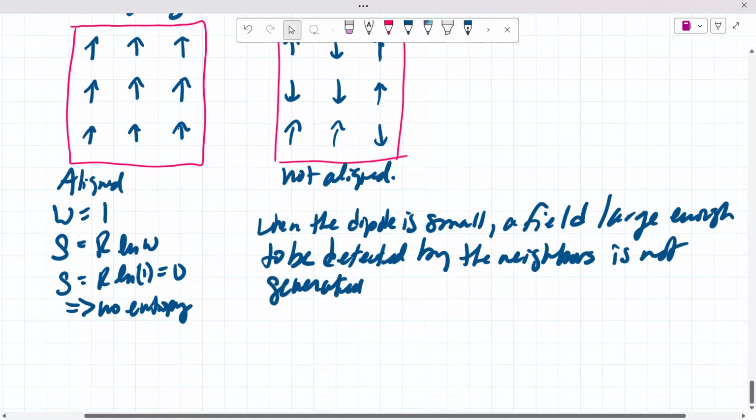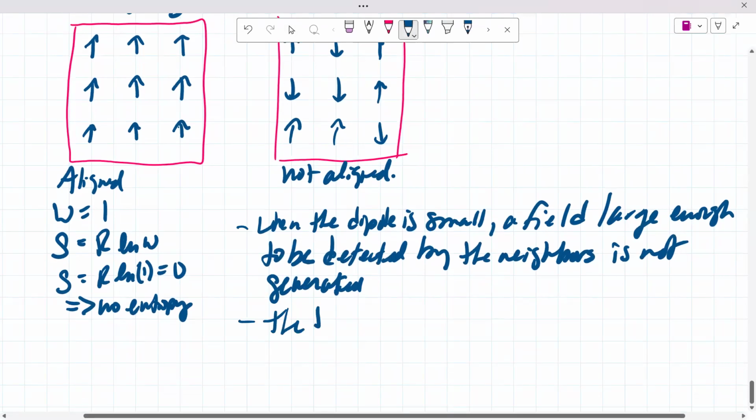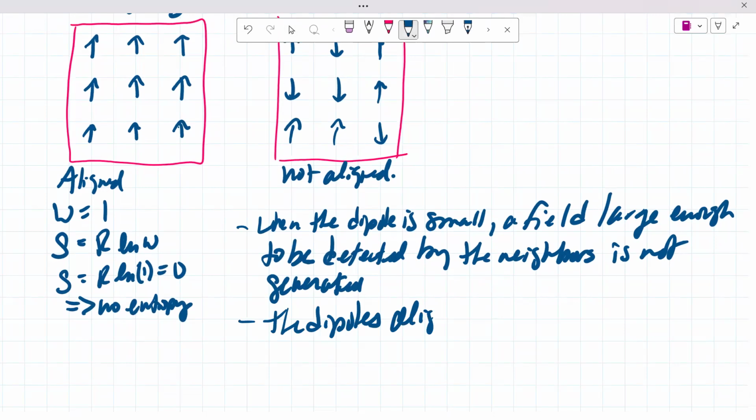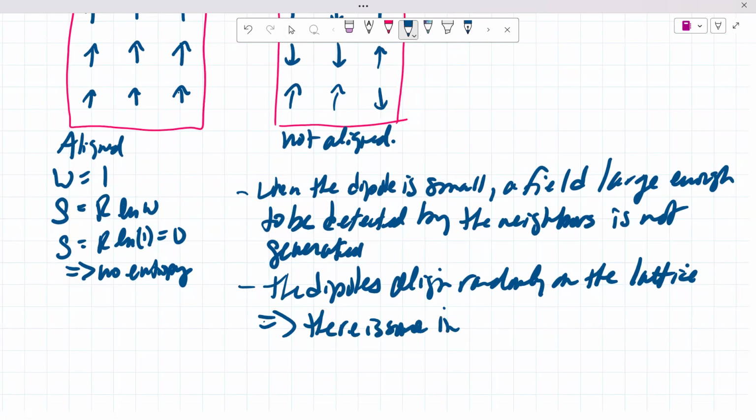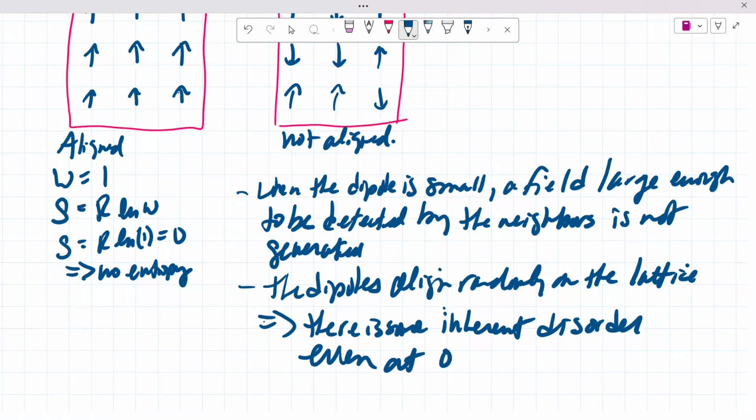Dipoles are lying randomly on the lattice. This means there is some inherent disorder even at 0 Kelvin.